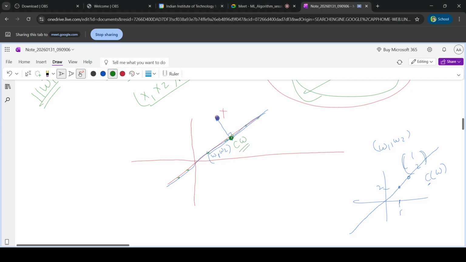So what is c? C is nothing but x transpose w divided by w square, and w is what? w1 w2. That is what this point is. So this graph looks like this. This is the smallest graph I'm plotting.